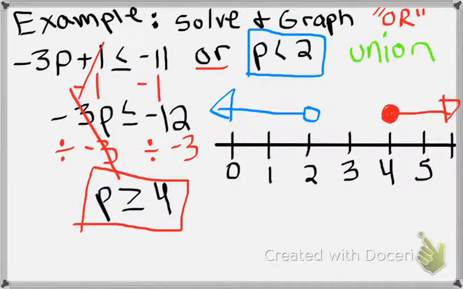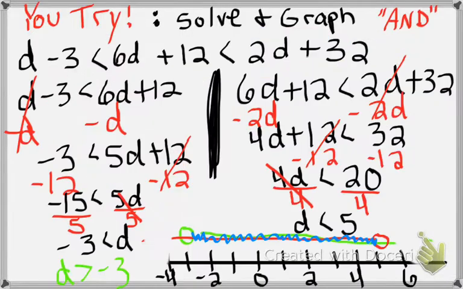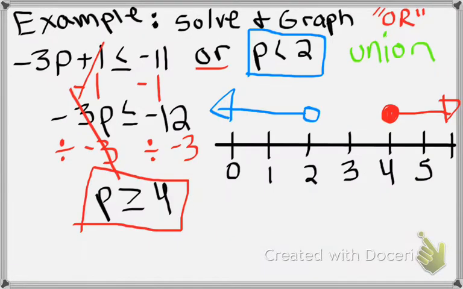But on these, they do not overlap. But they want us to include everything because it says or. So this is the answer or this is the answer. They're both part of the answer. Either one would make it true. So a union is when you just say the answers to both. Everything for both possibilities, just include them both. That's it. Whereas for the intersection, it's only about where they overlap.